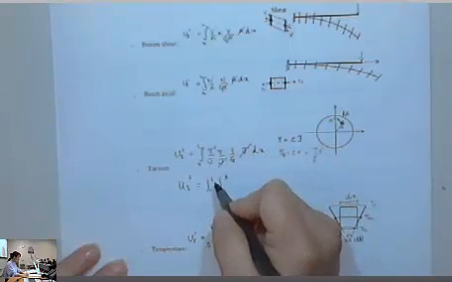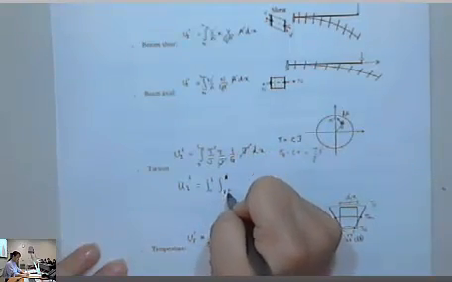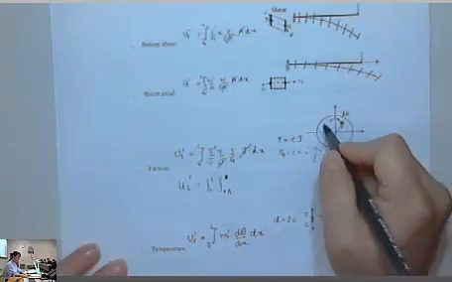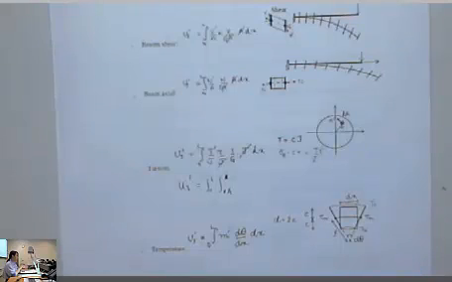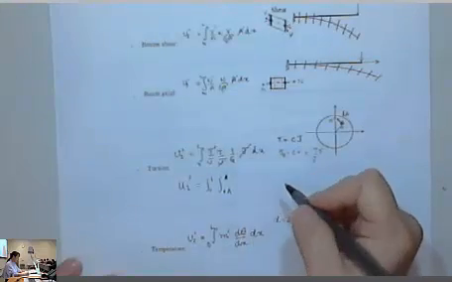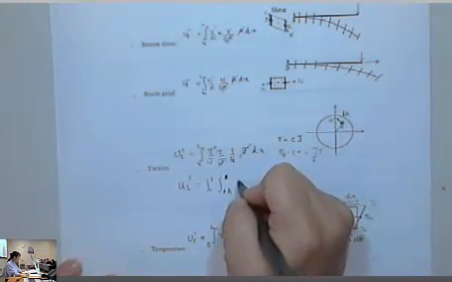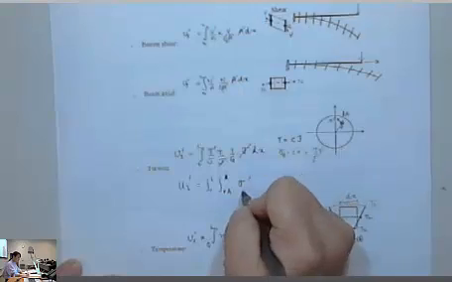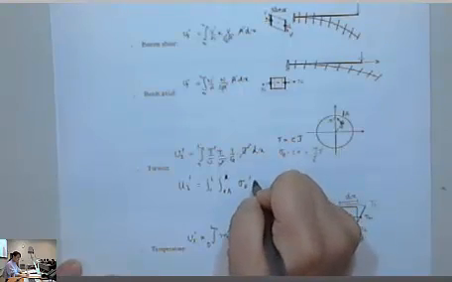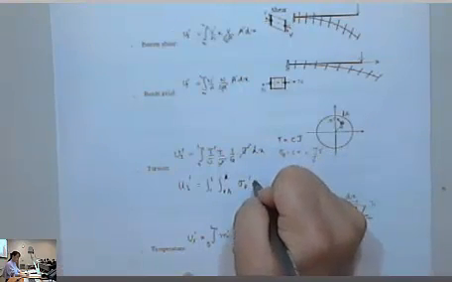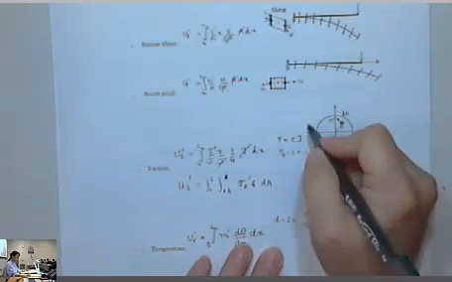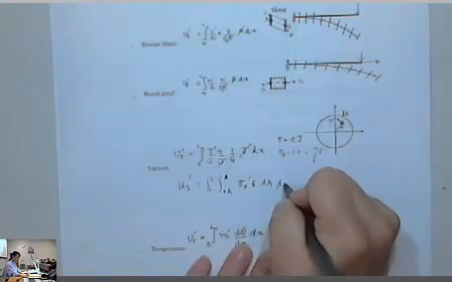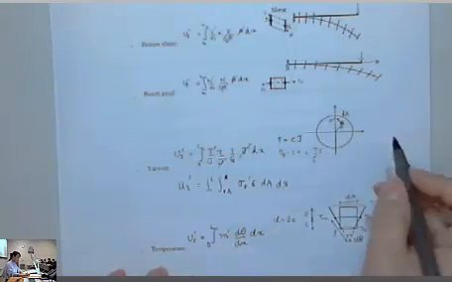So if we look at the cross section, the torsion will apply some shearing stress on this cross section, and to calculate that internal energy, it will be the virtual stress times the real strain integrated over this area, and then integrated over the entire beam.